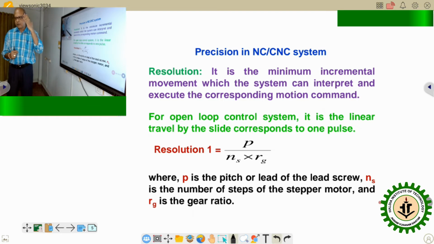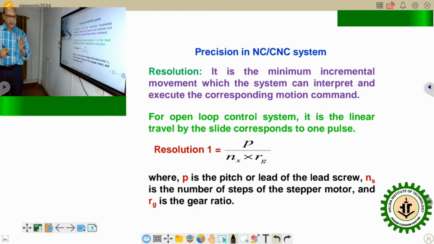That will cause some fractional rotation of the lead screw, because in between there is a gear. Now 360 degree rotation of the lead screw will cause p millimeter linear displacement of the nut or the table. So for alpha by Rg, what will be the corresponding linear displacement value? Eventually we will be in a position to correlate the final displacement possible on the slide by issuing 1 pulse to the stepper motor.